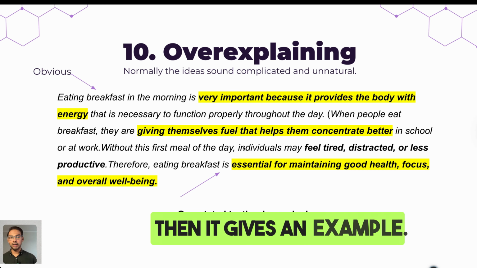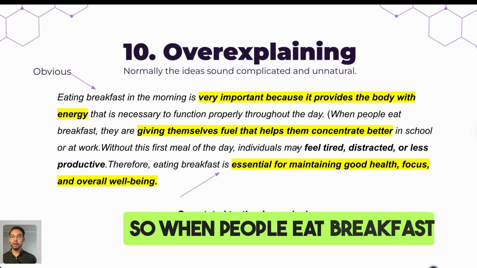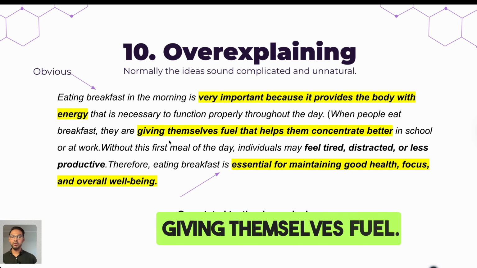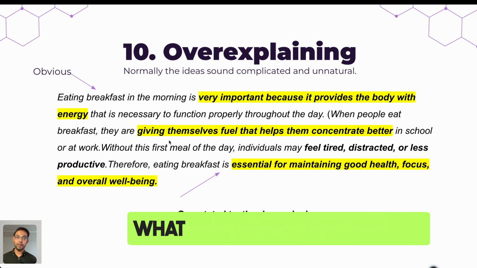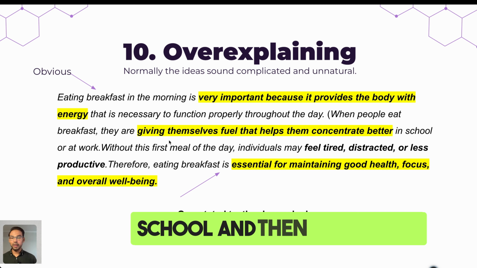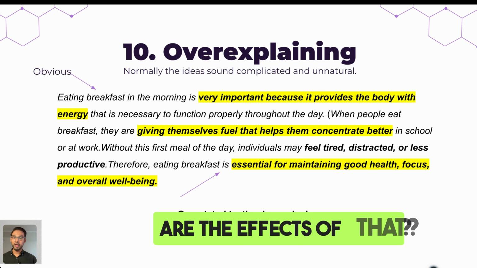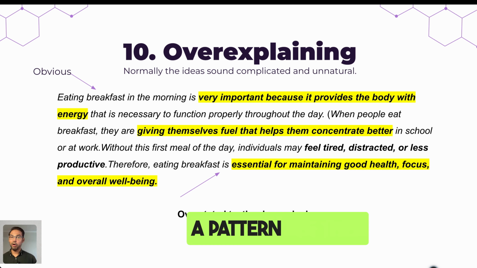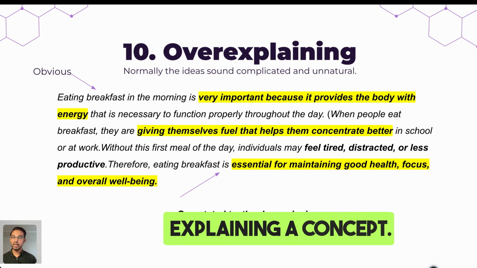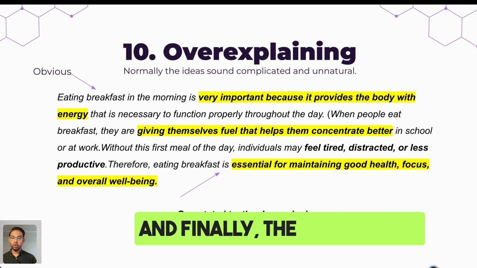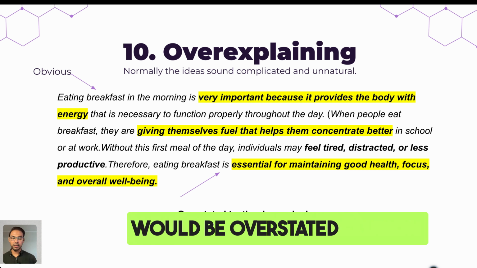Then it gives an example. So when people eat breakfast in the morning, they're giving themselves fuel, and that goes on and explains what happens at work and at school, and then what the effects of that are. So you can see there's a pattern of over-explaining a concept, and finally the conclusion is overstated as well.